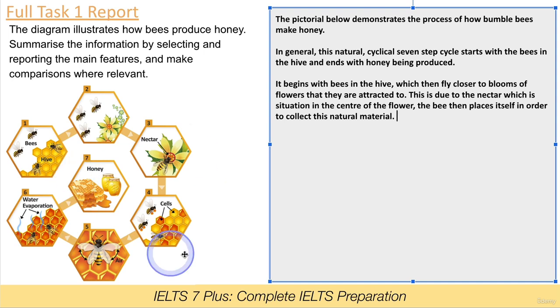Okay, let's talk about what happens next. So the bees then go, and it looks like they deposit this nectar into the cells back in the hive. So we're told about the hive here, so we can connect the two.